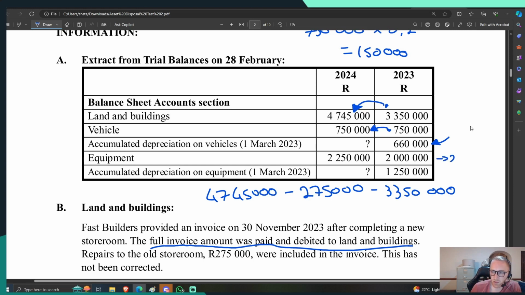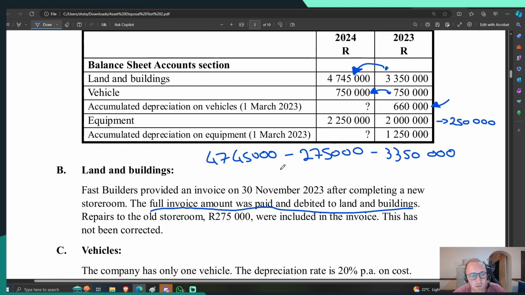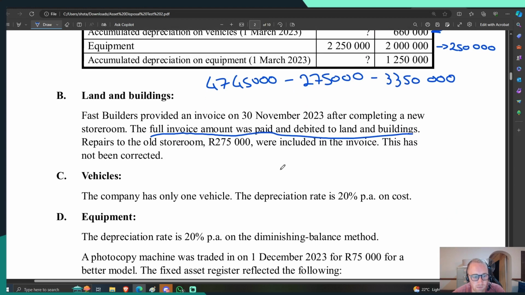I'm going to put 250,000. That is the change in our equipment. But we traded in the equipment, our photocopy machine, which means there was a removal of some amount of photocopy machine and an addition of another amount of photocopy machine. Let's look at what other information is given to us.